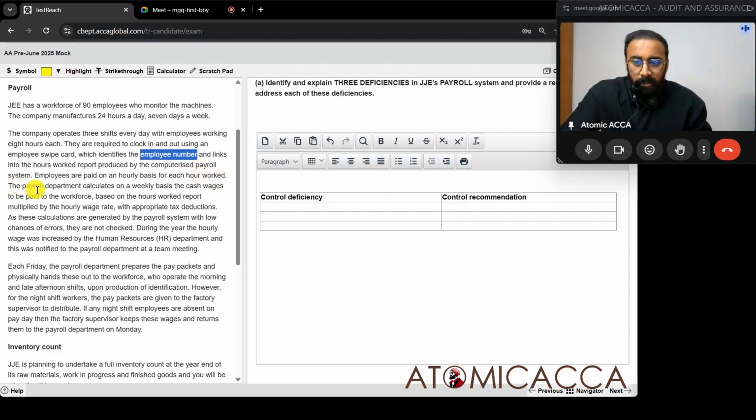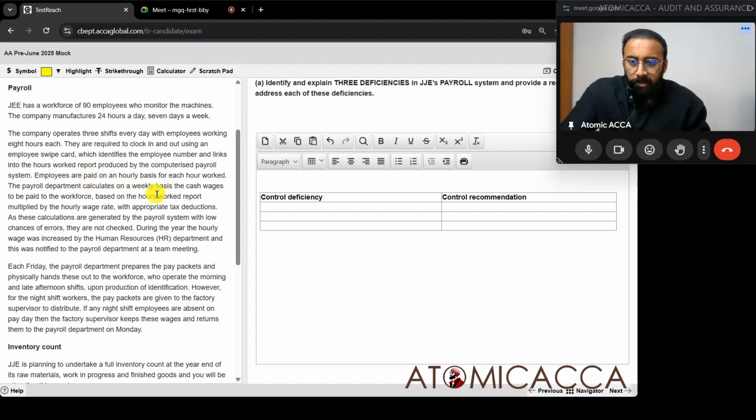The payroll department calculates on a weekly basis the cash wages to be paid to the workforce, based on the hours worked report multiplied by the hourly wage rate, with appropriate tax deduction.